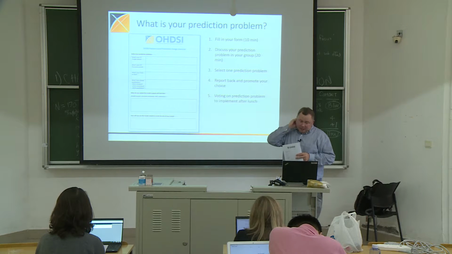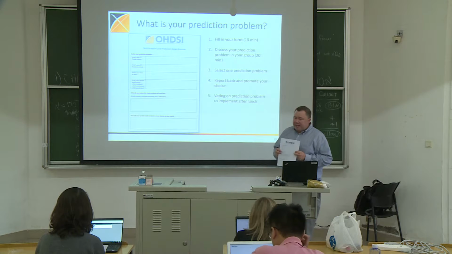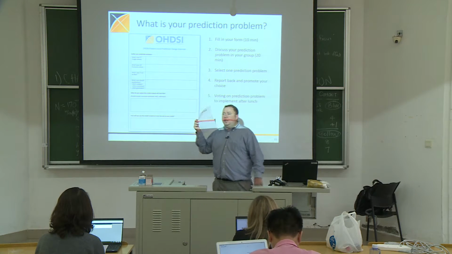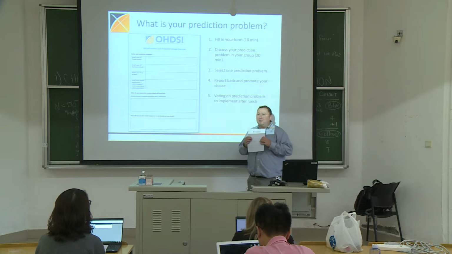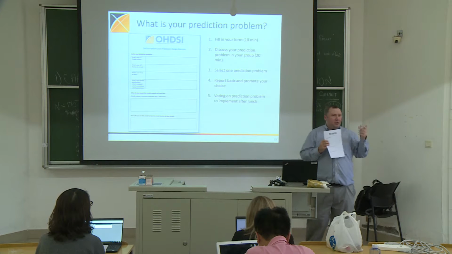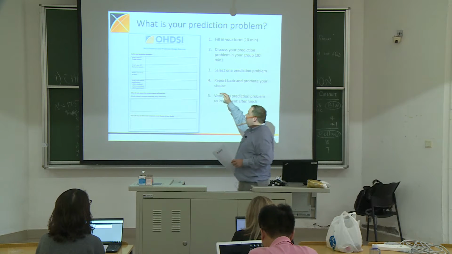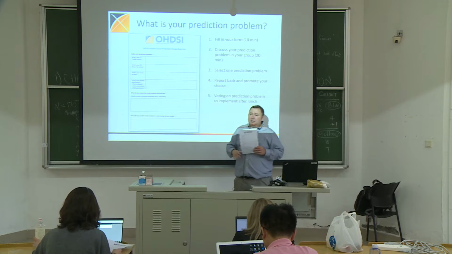So the exercise that I want you all to do now is individually, every one of you, I want you to fill in this form, and I want you to come up with one prediction problem that you think would matter. So just one problem that you think is a useful problem, and I want you to fill in the target cohort, the outcome cohort, and the time at risk.